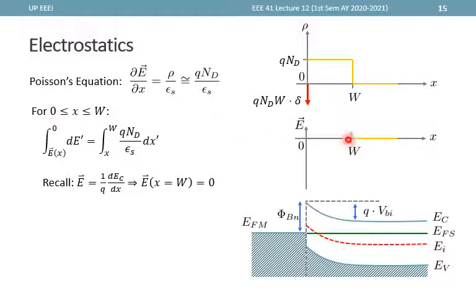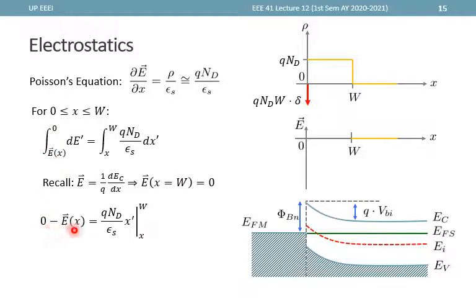And we don't know yet the electric field at this portion, so we just denote that as some electric field as a function of x, and here we use a variable x. Now proceeding with the integral of this one is simply E prime evaluated from 0 to E of x.